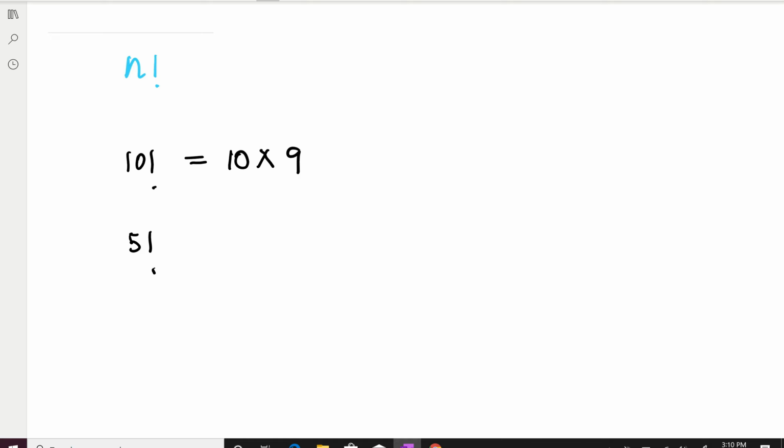So you can subtract 1 and find the previous number. You can add 1 and find the next number. That's just simple mathematics, right? So 10, 9, 8, 7, 6, 5, 4, 3, 2, 1. These are all the numbers starting from 10 going backwards up to 1. So multiply all of them.